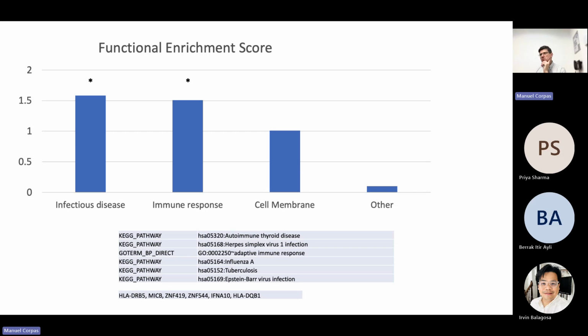I use a tool called, well, I'm not going to say what the tool is, but what it does basically takes from a database the functional terms associated to each of the 23 genes. And then based on those terms that have been used, it clusters them according to their likely high-level function.